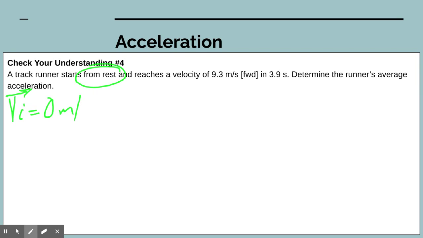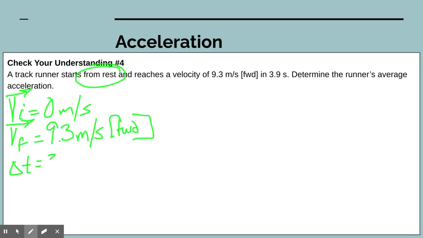So our initial velocity is 0 meters per second, while our final is 9.3 meters per second in the forward direction, in a time interval of 3.9 seconds. But what we don't know, what we're solving for, is the average acceleration.